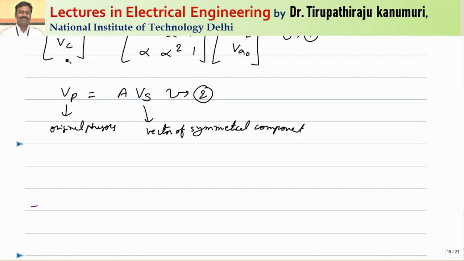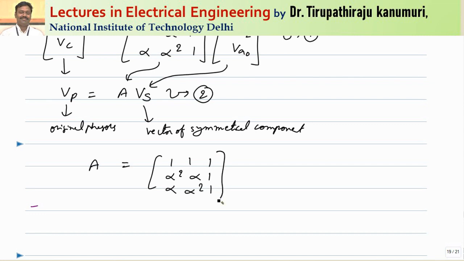So I have just tried to correlate this: this one is this one, this table is this one, and the value of this one is this one. Getting this? Now this table operator I am just taking outside. So I am writing A is equal to the matrix 1 1 1, alpha square alpha 1, alpha alpha square 1. This is the table we get.